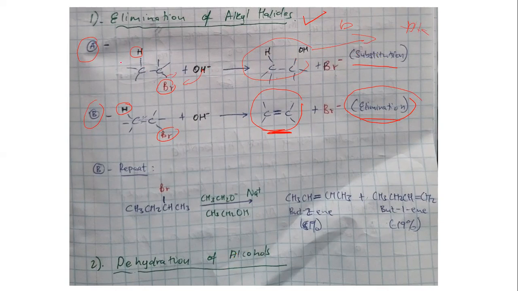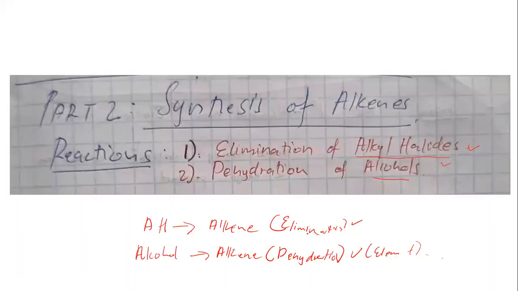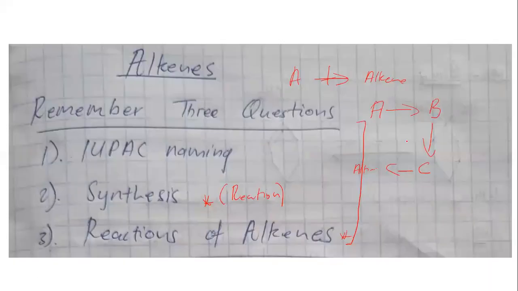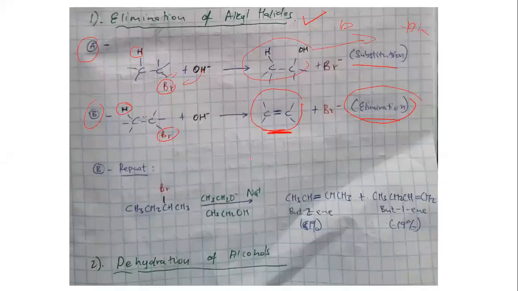That means from an alkyl halide, we can form an alcohol. An alcohol now can form an alkene, which is what I have just discussed over this slide. You have to understand that A, B to C, finally you will end up with the molecule of interest, which is an alkene. So this is what is basically taking place.